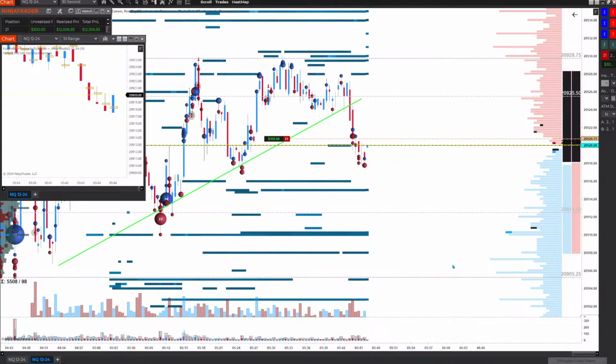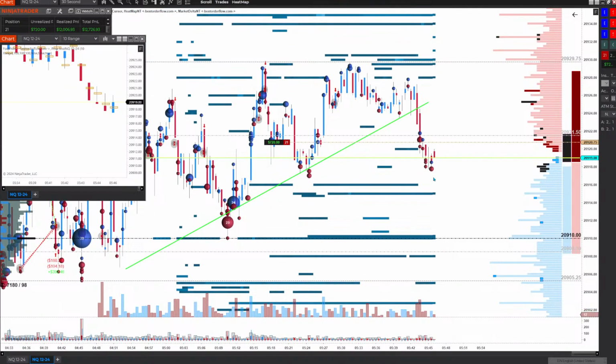Okay. Here we go. So I'm expecting the price to go at least into this area, into this area.